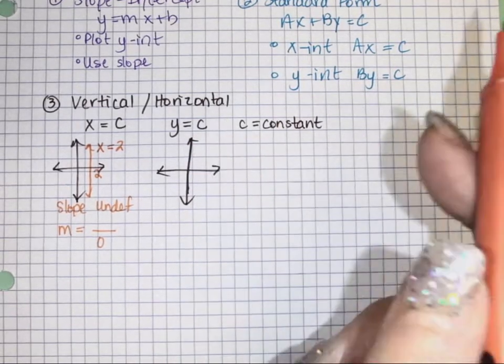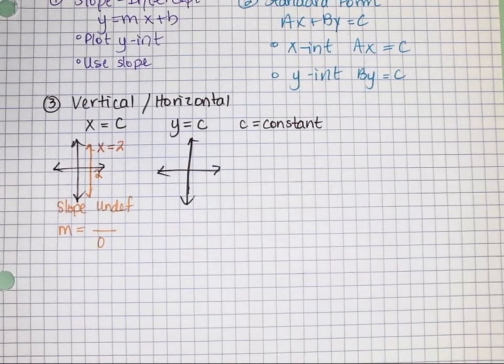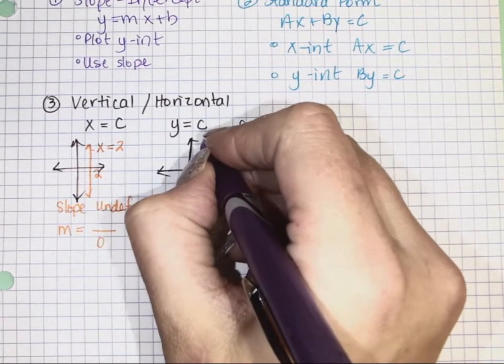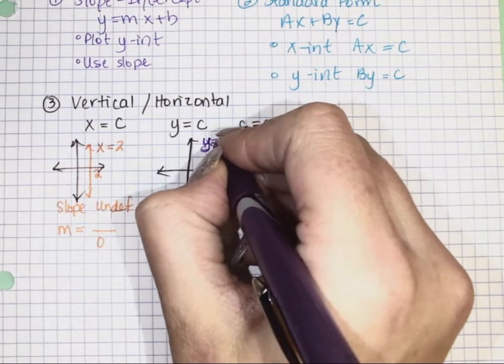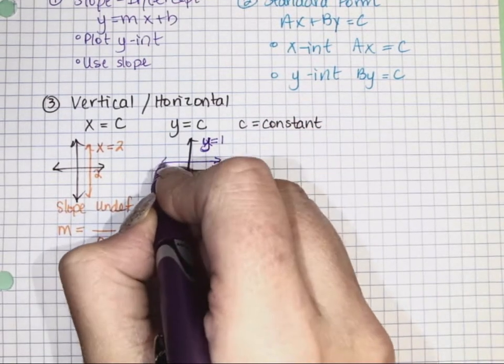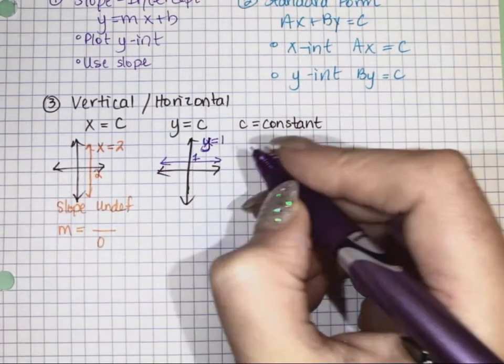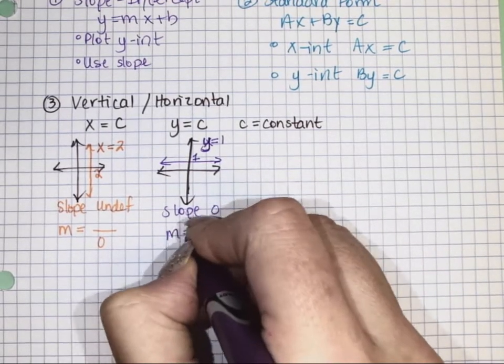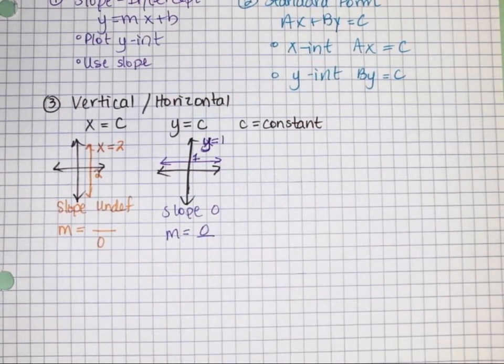And y equals a number is a horizontal line. Let's say I have y equals 1. Then that would be a horizontal line through 1 on the y-axis. Slope is 0, and what that would look like in the slope formula is 0 on the top.